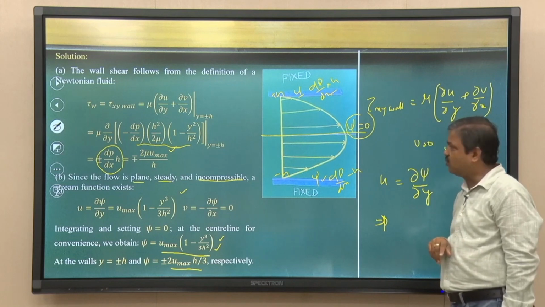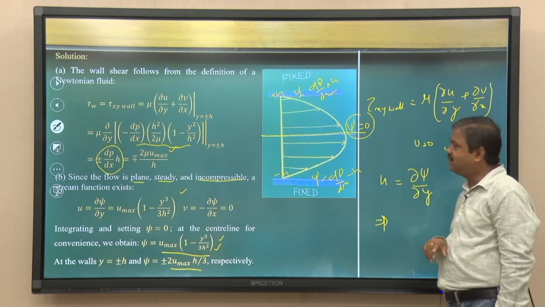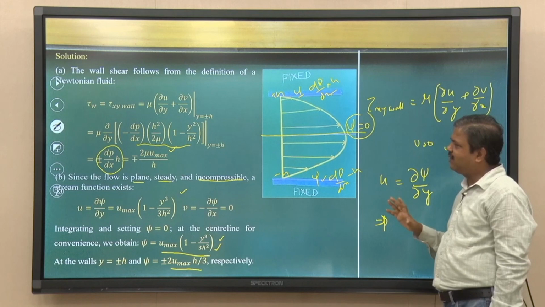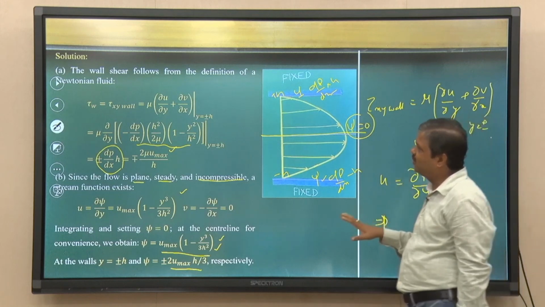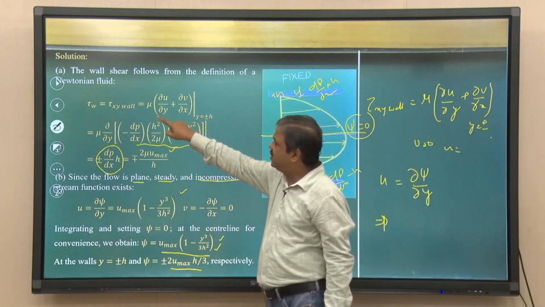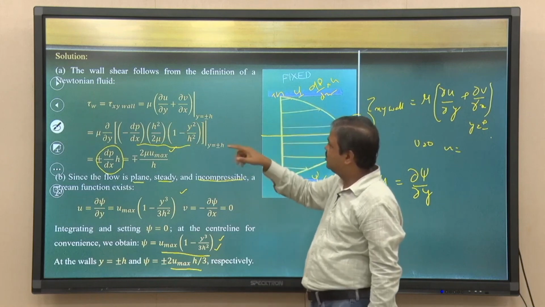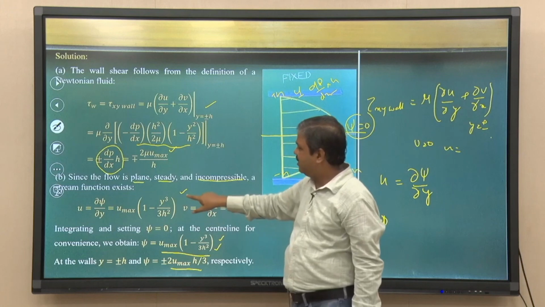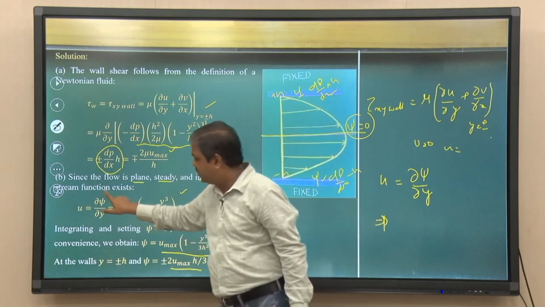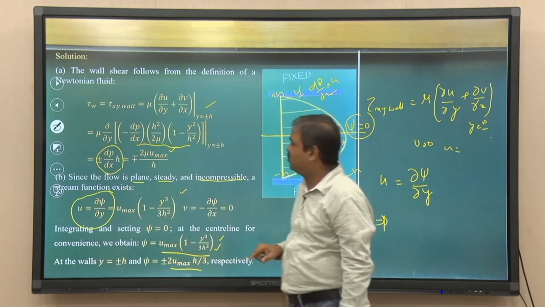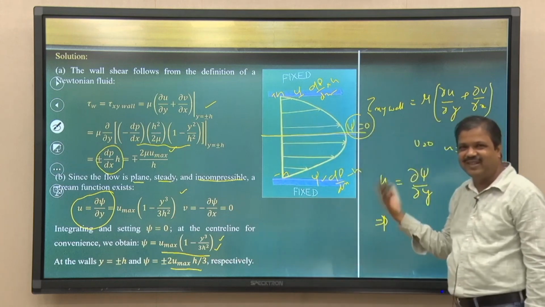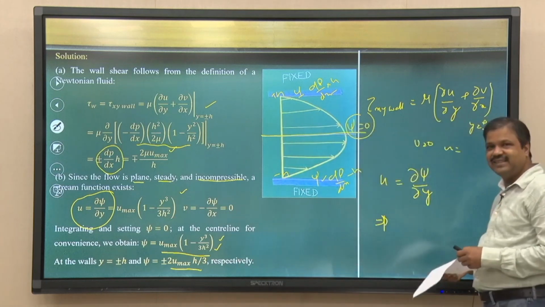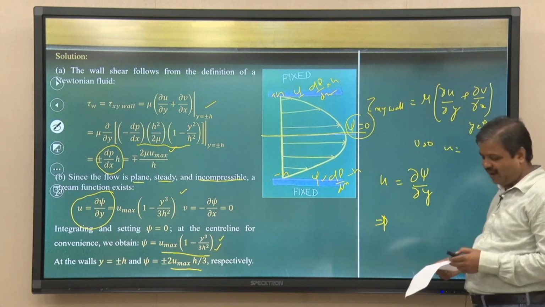It is not difficult; you only have to look at the relationship between the wall shear stress in the xy plane, and similarly the relationship between the velocity and the stream function. We did that very extensively.